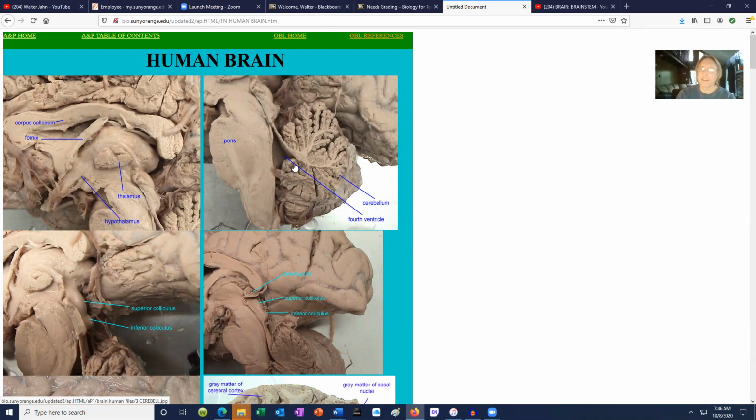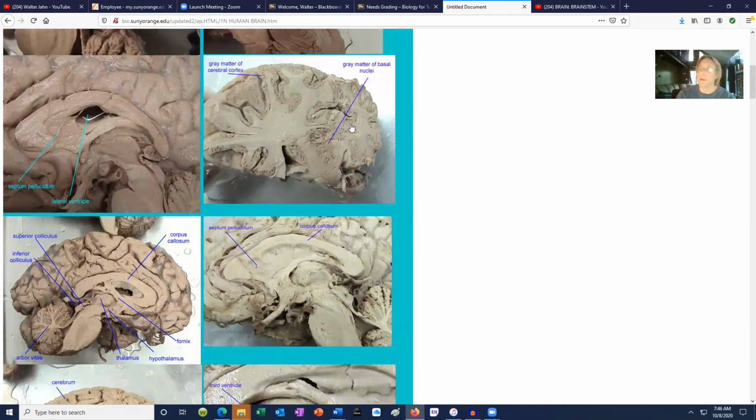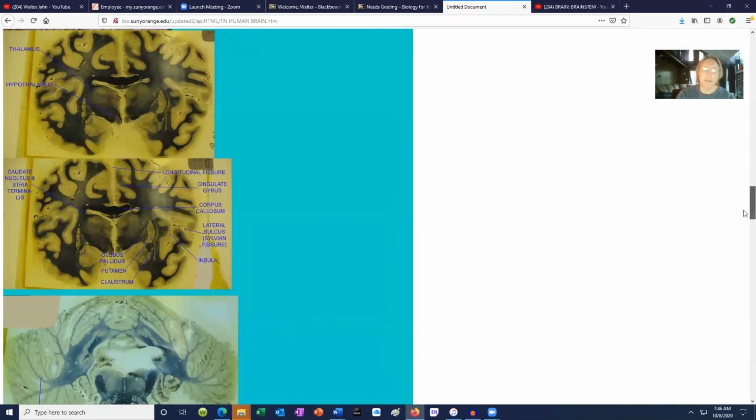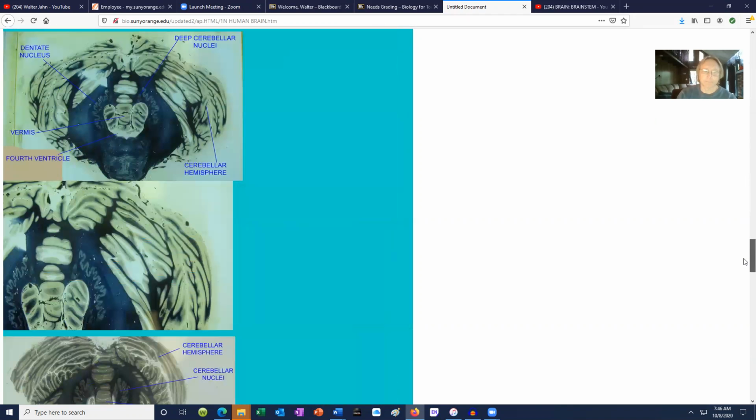You can contrast that to the gray matter around them. Just as the spinal cord had white matter and gray matter, the neural tissue is organized the same way here in the brain.